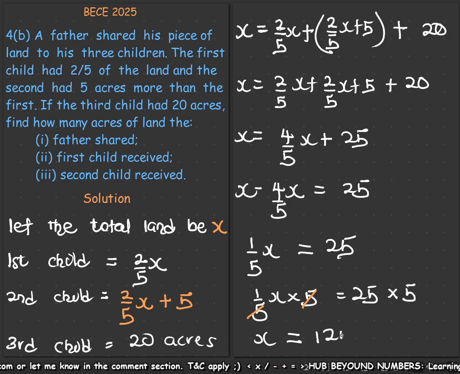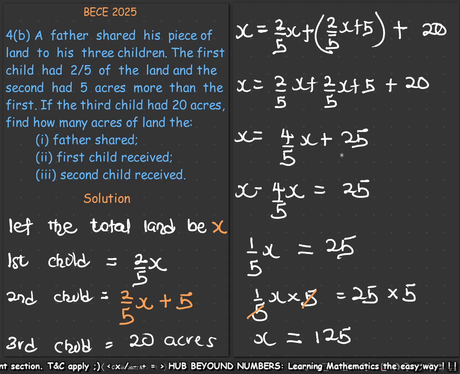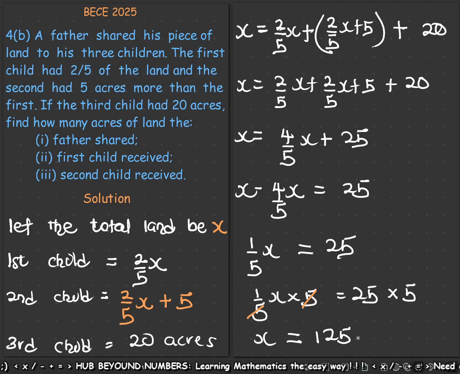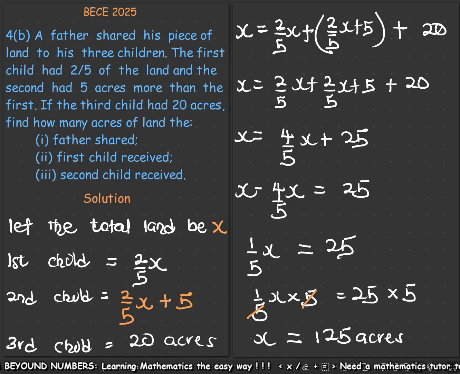So this is the total piece of land that the father shared. And not forgetting our unit, that is 125 acres. As simple as that. So that solves our first question.